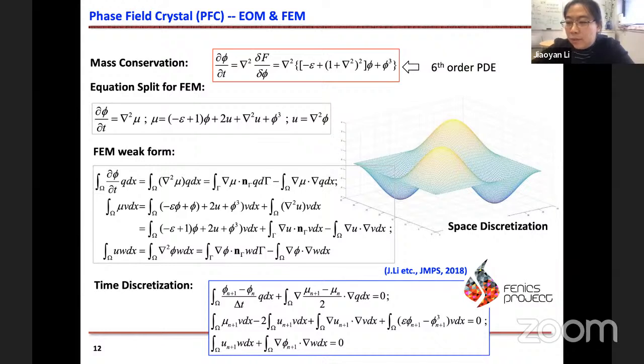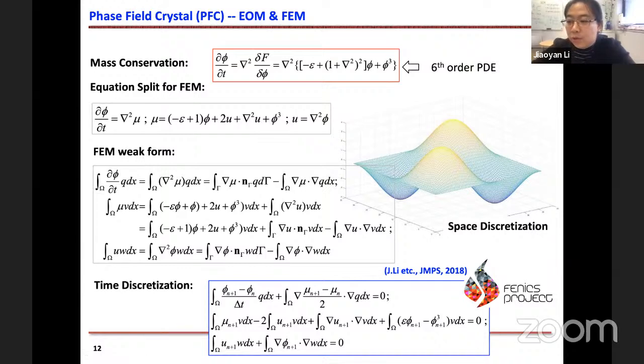The time discretization is listed here at the bottom, and the space discretization is about what kind of elements we choose in our finite element simulation. Here we use the triangle element to solve the problem.